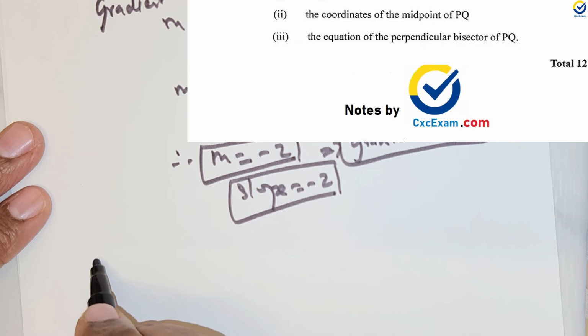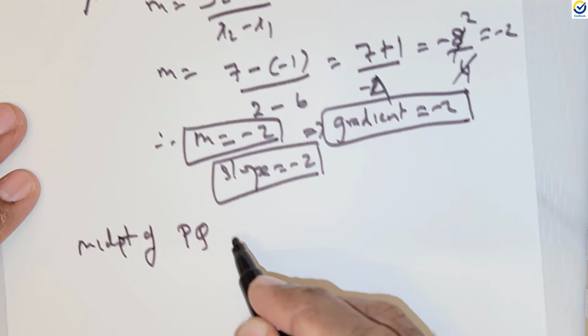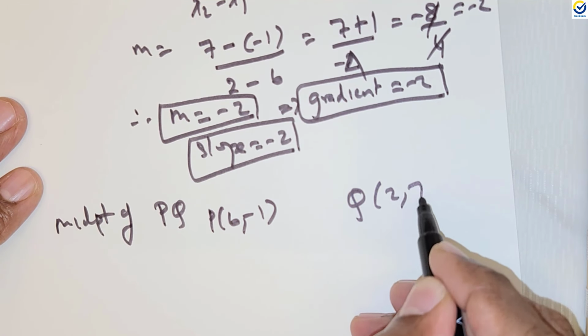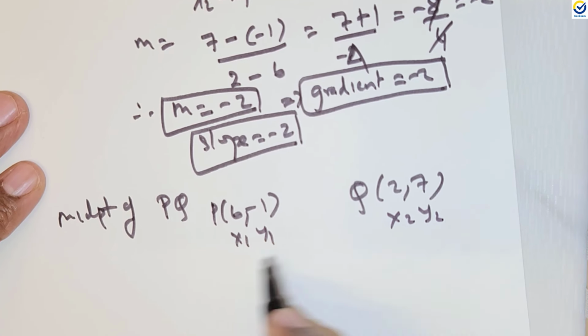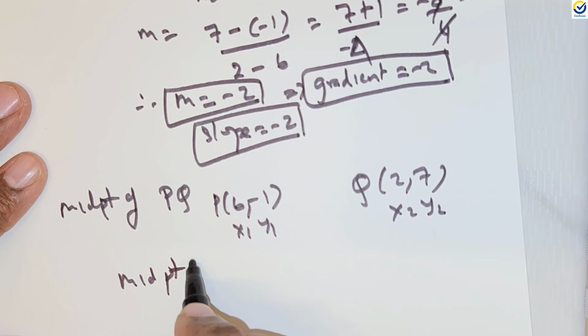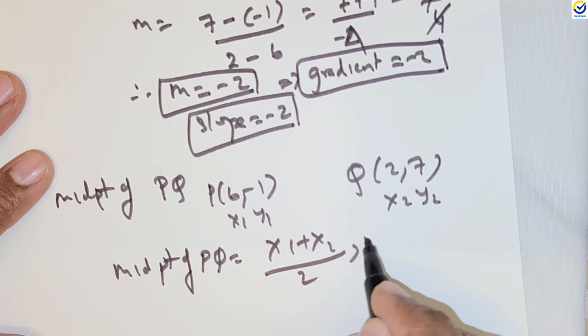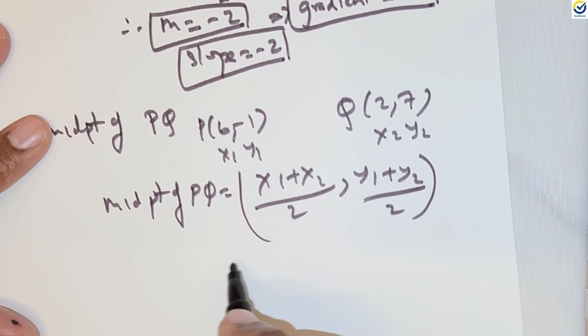So the next question is, we are asked to find the midpoint of PQ. Now P is (6, −1), Q is (2, 7). I'm taking it as x1, y1, x2, y2. The midpoint of PQ is given as ((x1 + x2)/2, (y1 + y2)/2).